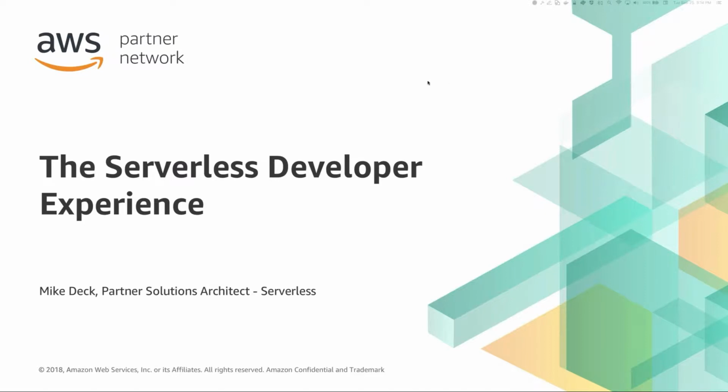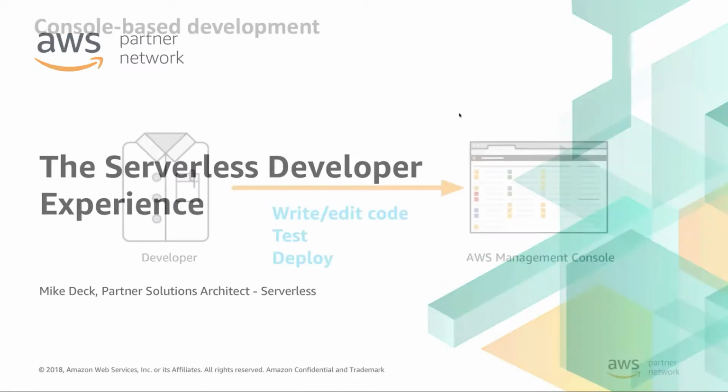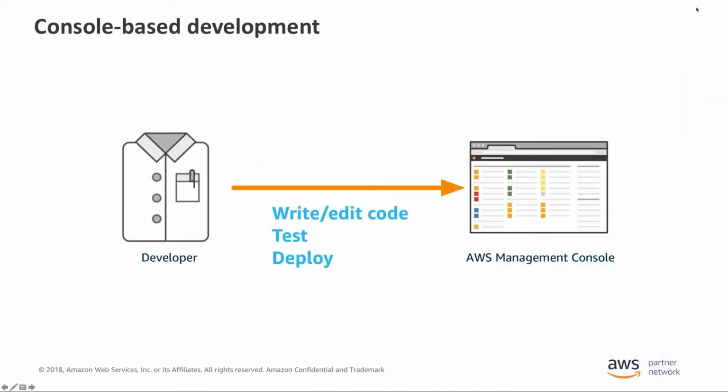So to kick things off, the first thing that I always like to talk about is the console-based development pattern that I oftentimes see customers get started with. I know that for me personally, the first Lambda function I ever wrote, I certainly used the console to develop it.